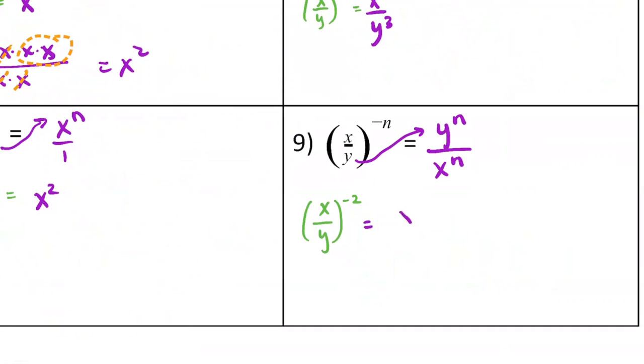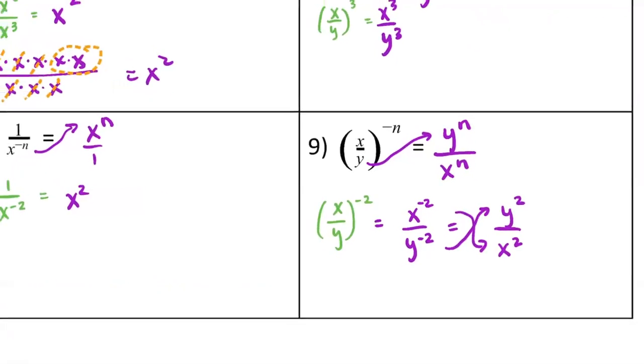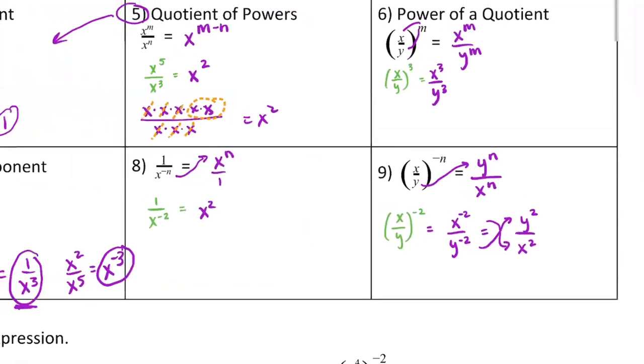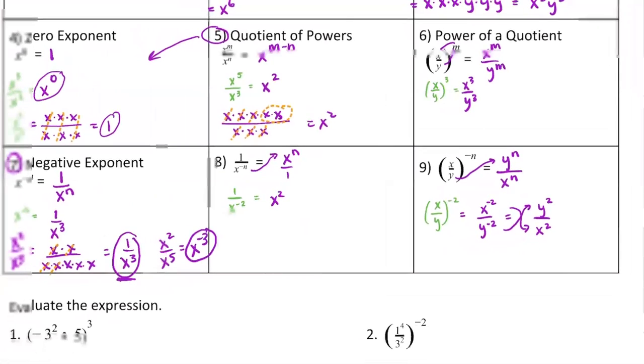First of all, that negative 2 will distribute to both the numerator and denominator. But using previous rules here, we know that that'll move, become positive. This will move and become positive, like that. There you go. So you're going to use these rules to simplify the next set of problems.